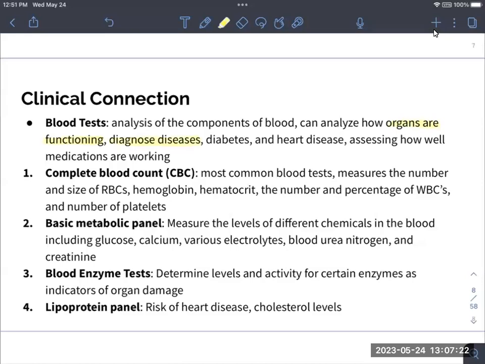We looked at some of those. A lot of endocrine disorders are diagnosed through blood tests. Diabetes, heart disease. We can find out how well medications are working, if medications are effective or not.